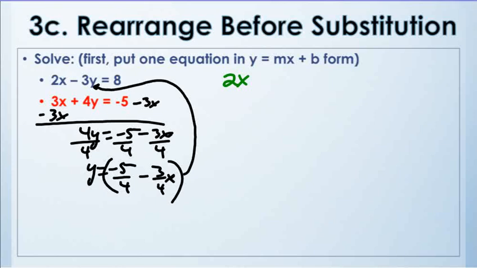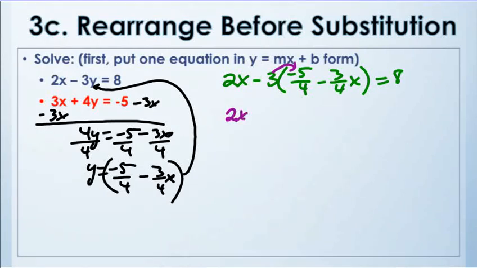So now we have 2x minus 3 times negative 5/4 minus 3/4 x equaling 8. Distribute. Negative 3 times negative 5 is positive 15/4.